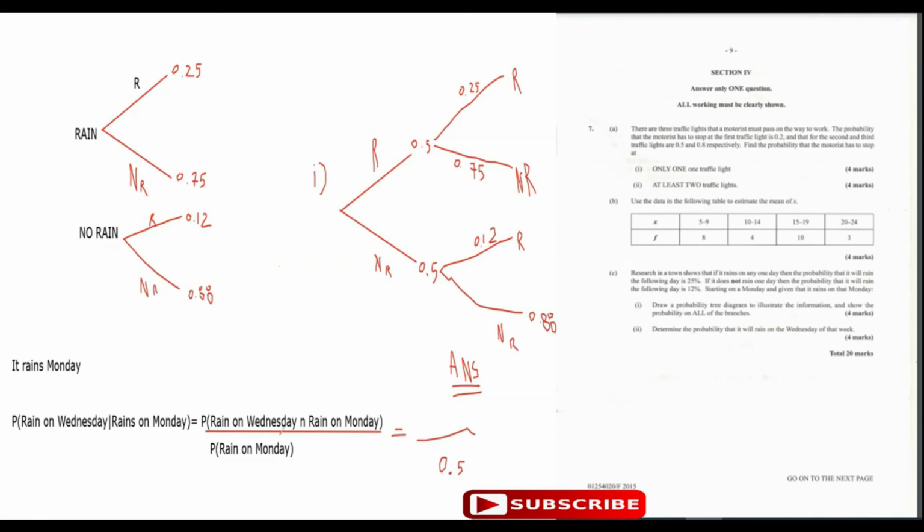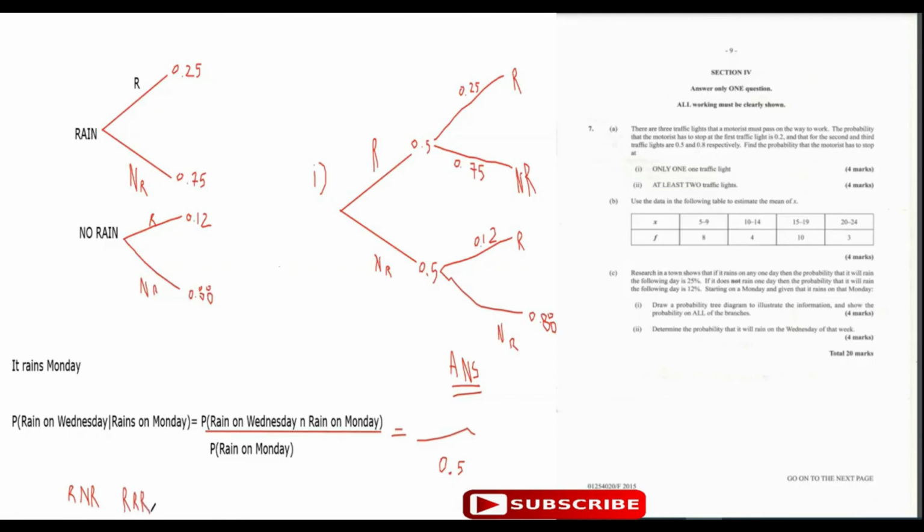So the chances of it raining on Monday and Wednesday: it can rain Wednesday but not rain Tuesday, or it can rain Tuesday and rain Wednesday.